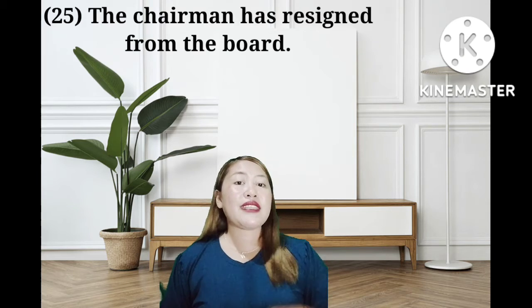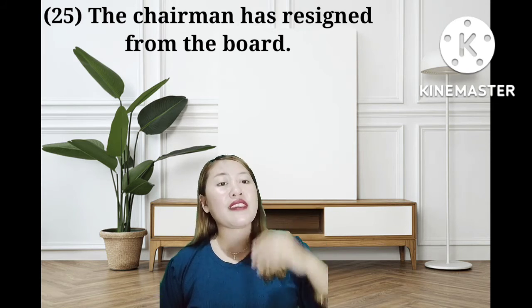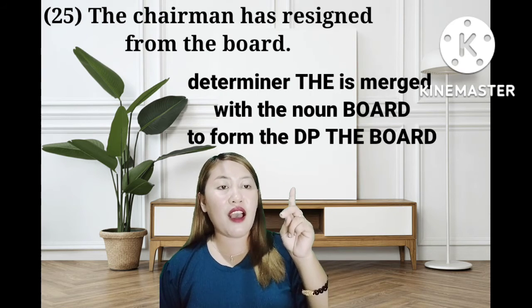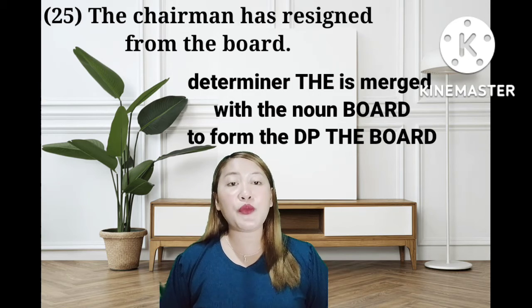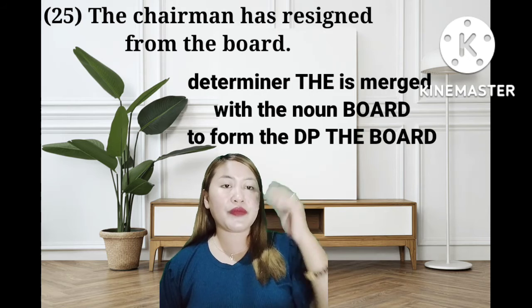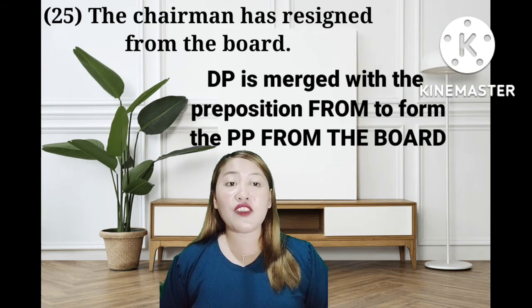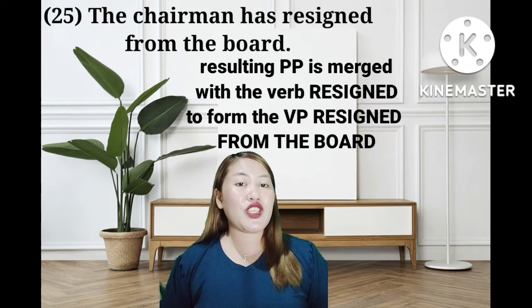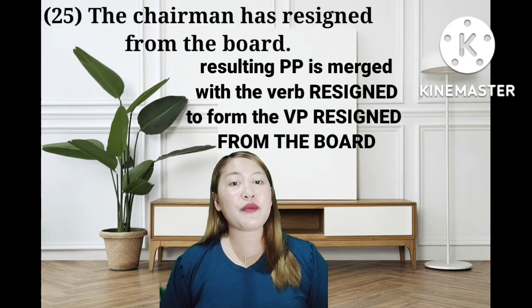Let's suppose that sentence number 25 is derived as follows. The determiner the is merged with the noun board to form the determiner phrase the board. This determiner phrase is merged with the preposition from to form the preposition phrase from the board. The resulting preposition phrase is merged with the verb resigned to form the verb phrase resigned from the board.